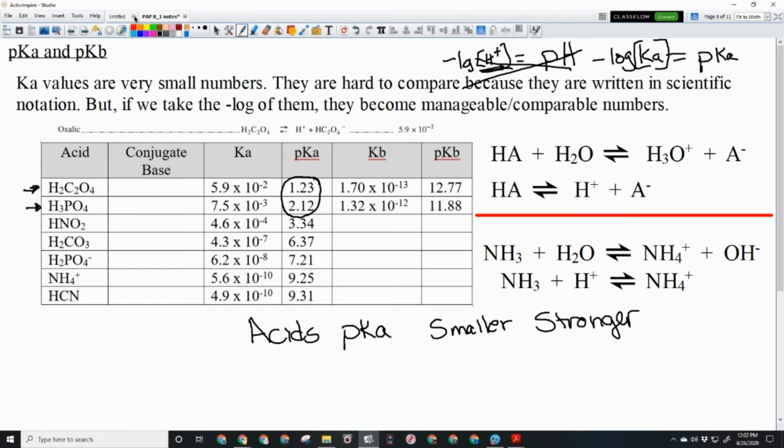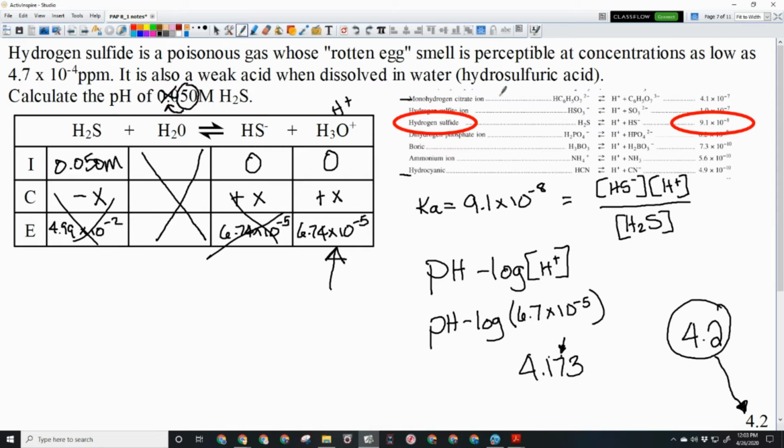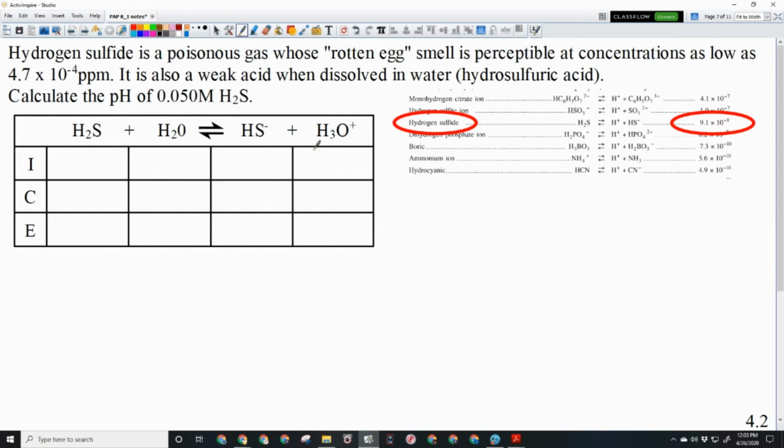All right, so let's go back to talking about the dissociation equation, the conjugate base and conjugate acid. I'm going to erase this just so I can talk about this. So here's our equation, H2S plus H2O yields HS minus plus H3O plus.